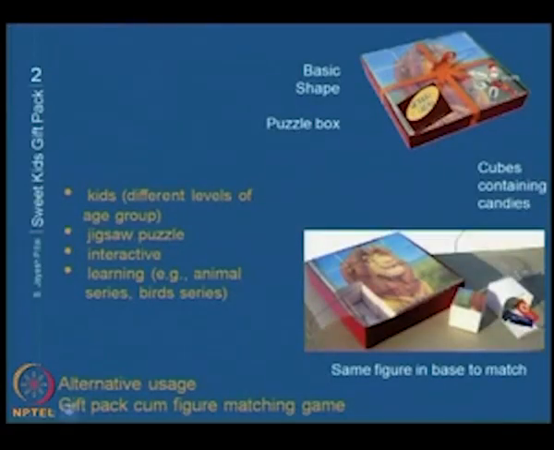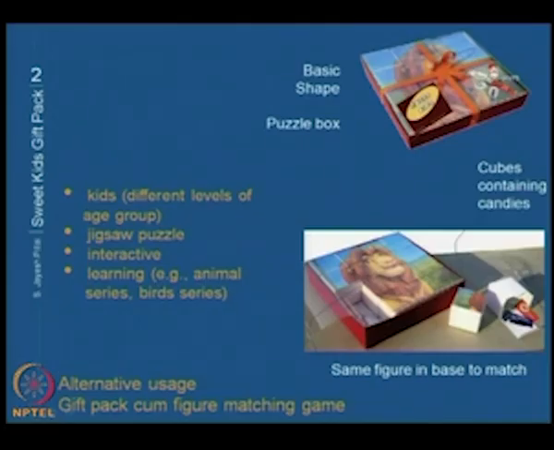The second idea, sweet kids gift pack. It is said that for kids of different age groups, jigsaw puzzle, interactive learning, for example animal stories, bird stories, etcetera, may be used.